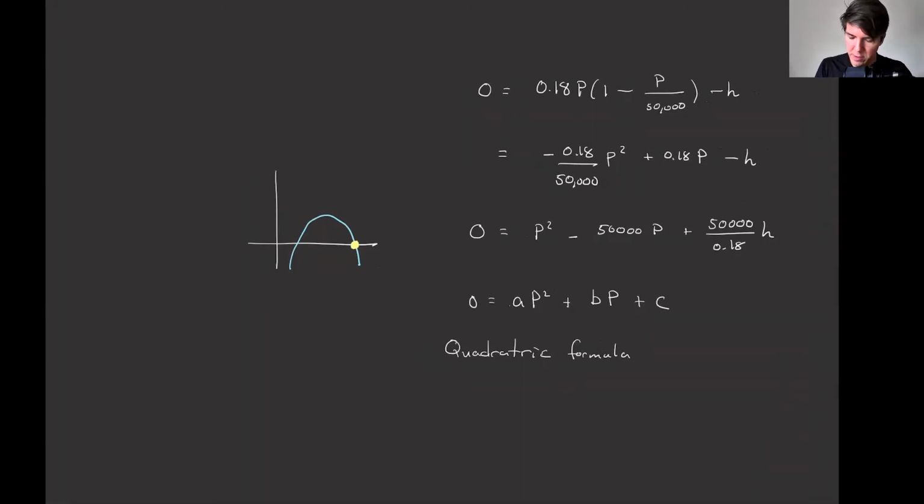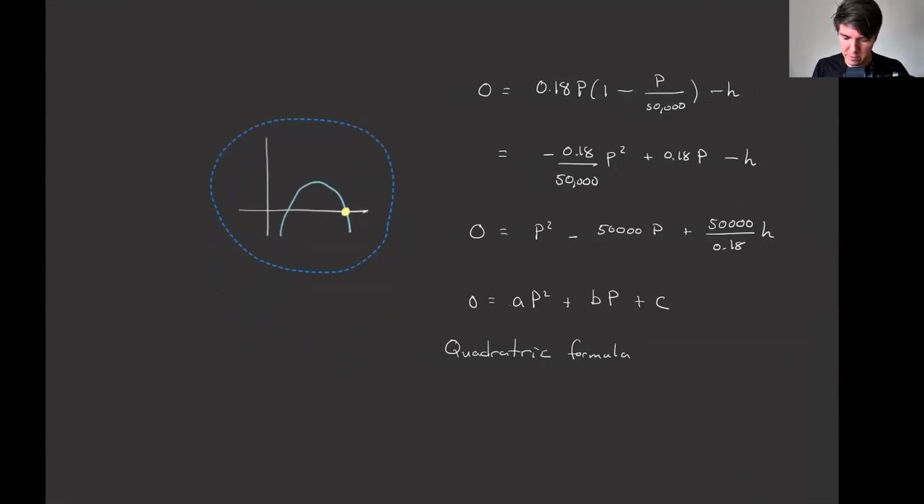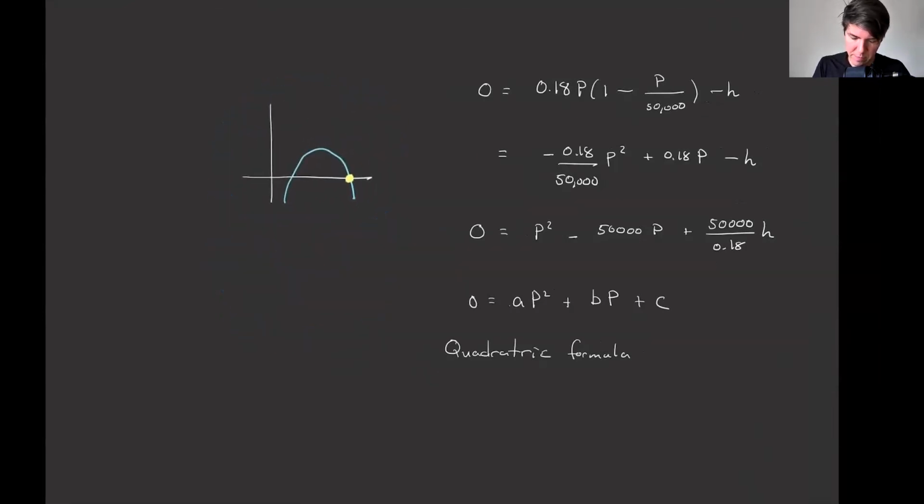Someone asked a question, so I'm going to give some further clarification. There's two graphs that we're looking at. dp dt versus p gives us this curve here, which I'm going to color.